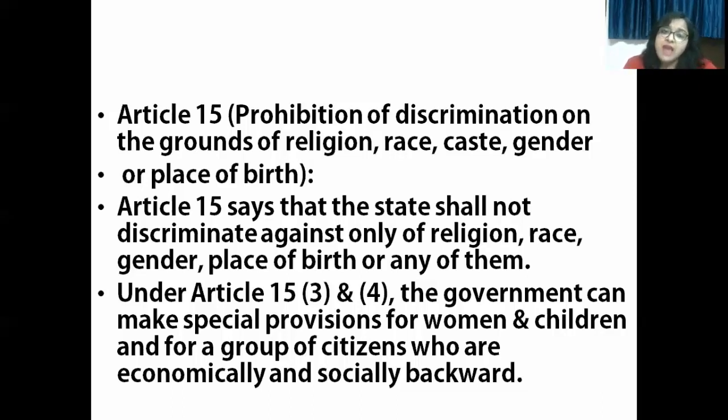In the year 1991, the National Policy for the Protection of the Girl Child was formulated. In the year 2016, again there was the drafting of the National Policy for the Protection of Children. So now let's come to the next slide.